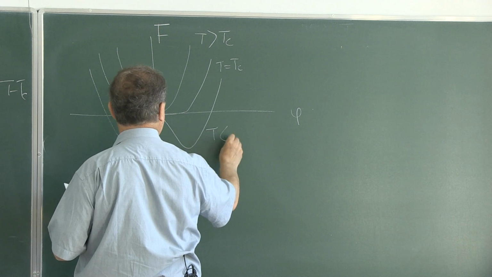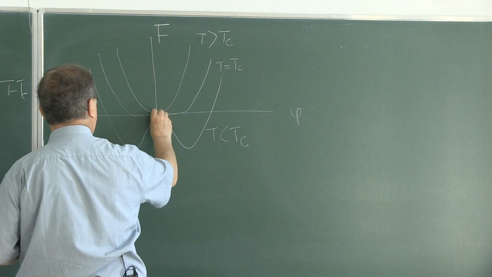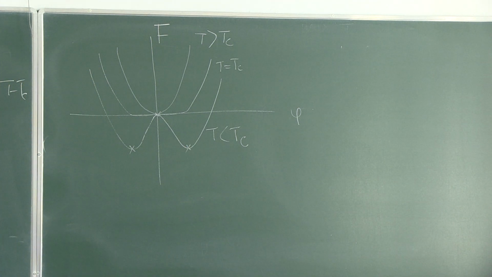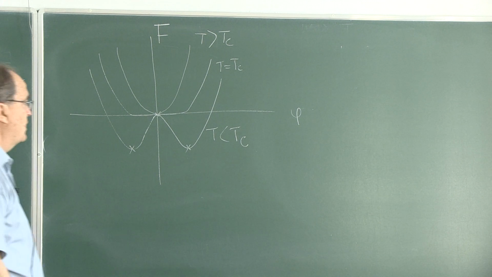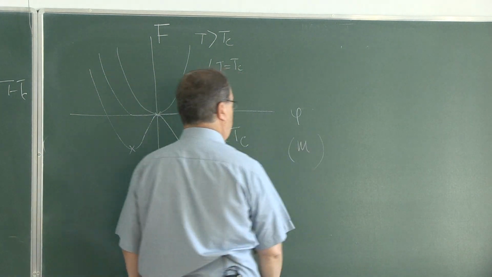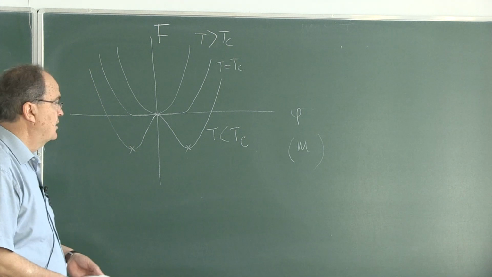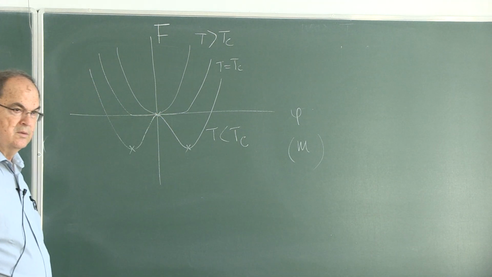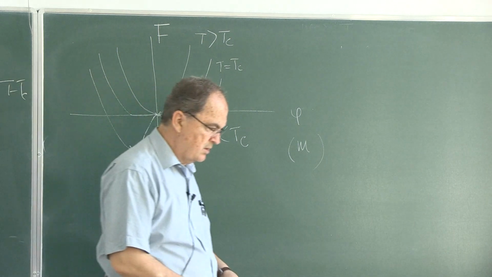T smaller than Tc. Now you have three solutions, three roots. If you think about this as magnetization, ferromagnetism, then it corresponds to a finite magnetization below the critical temperature.